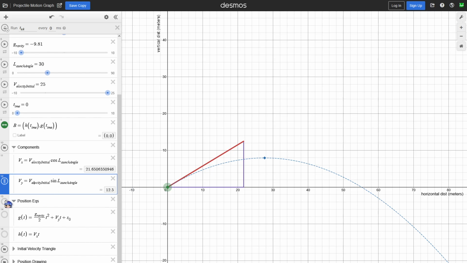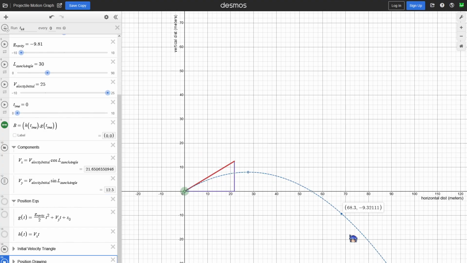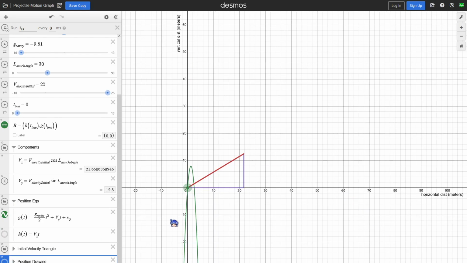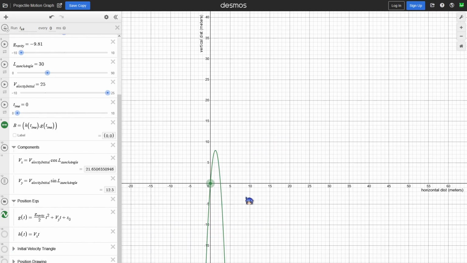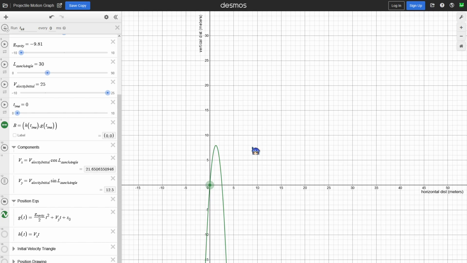What's actually going on here is that this trajectory path is something that I've added afterwards. The motion of this ball right here is actually entirely given by two equations. I'm just going to turn this off for a sec. This parabola right here represents the height of the ball in meters as time goes on.